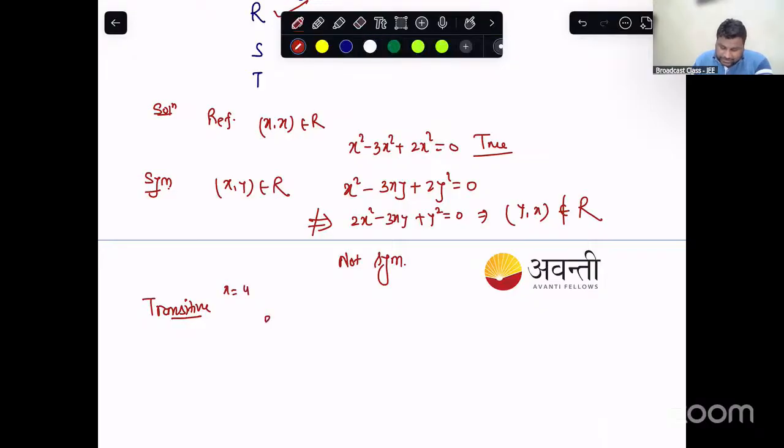I get 32 minus 12y plus y square equal to 0. 16 and 4.